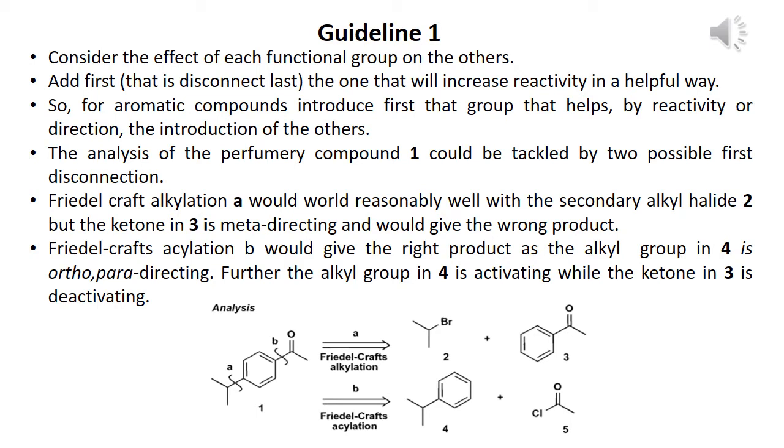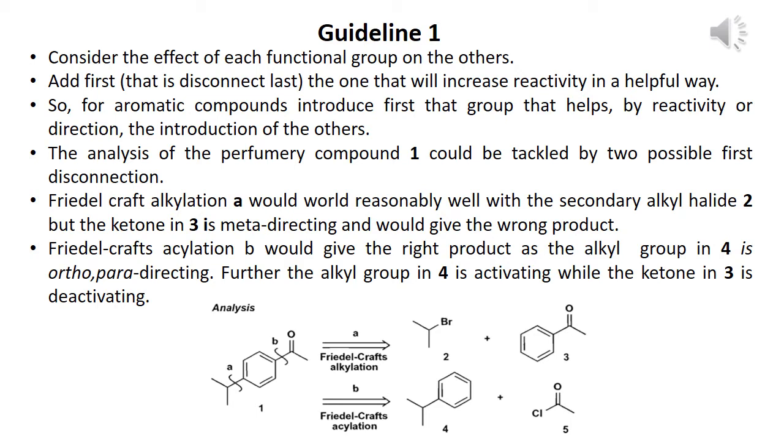Now suppose we are adding a group into the aromatic system. First look at the product, how many groups are there. So first check which one would be added first, and then you will see what is the effect of this one on the others when we shall add, like someone is at odd position to one another.